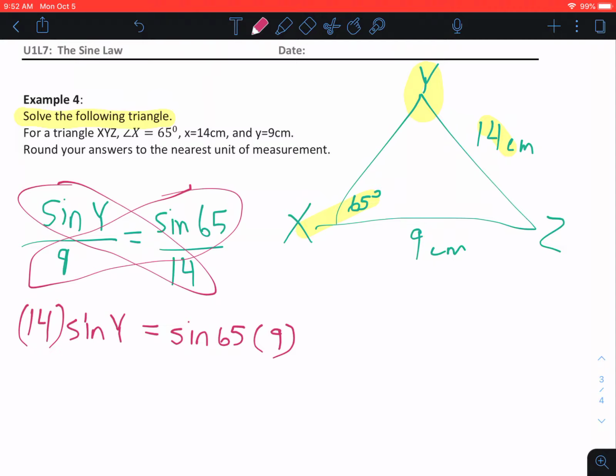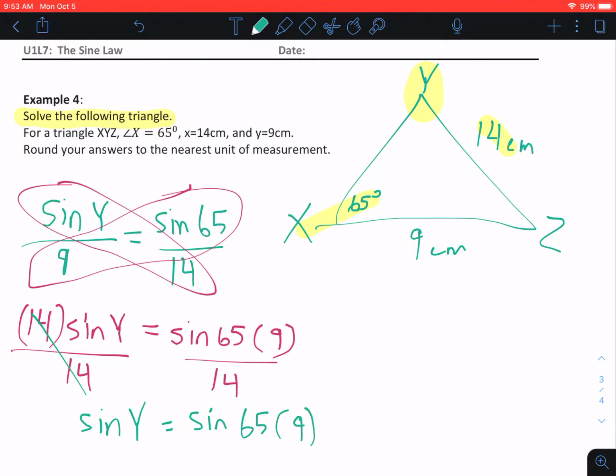Now we want to find angle Y by itself, so I'm going to divide both sides by 14. On the left-hand side, the 14s divide to give 1, and I'll be left with sine of angle Y equals sine of 65 times 9 divided by 14.